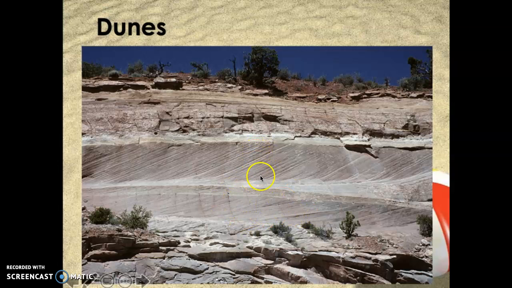If you measure that angle, it's about 34 degrees. And so this is what happens as you continue to add sand in this situation. The dunes will grow along the slip face and create these features that we call crossbeds. So that is our dune story.